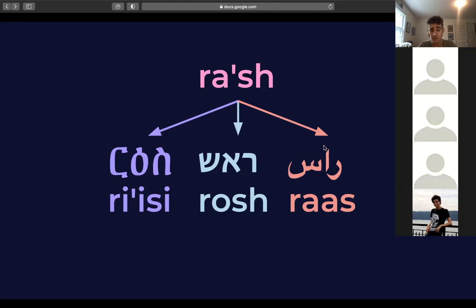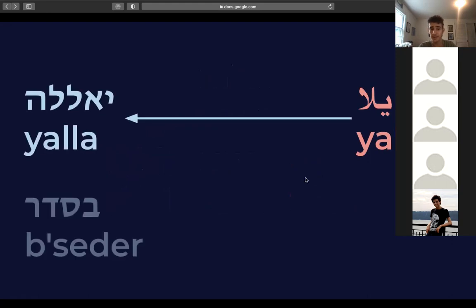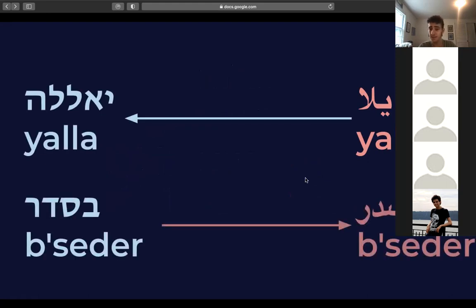And then there are also a lot of Hebrew words in Palestinian Arabic, like taib, or tov, or beseda, or rotev. Like, for example, yala, yawa in Arabic became yala in Hebrew, and beseda in Hebrew became besedr in Arabic, or Palestinian Arabic, more specifically.